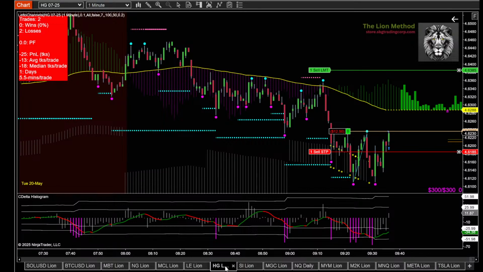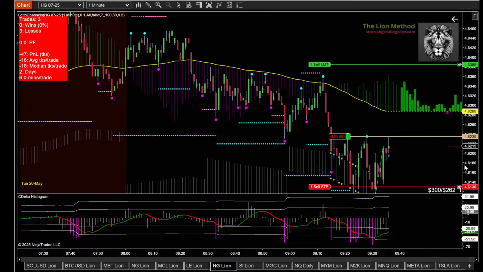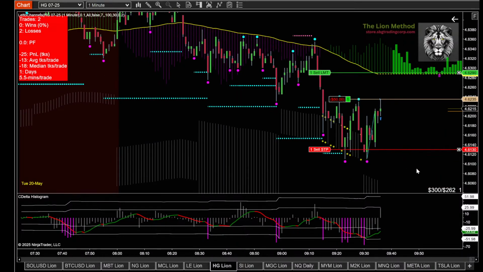All right, so we are long in copper, guys. We're going to put our stop a little more conservative here, 262-ish. Now our target, I'm going to move it just down to near the 100 moving average, that yellow line.